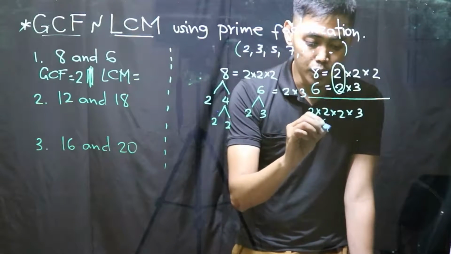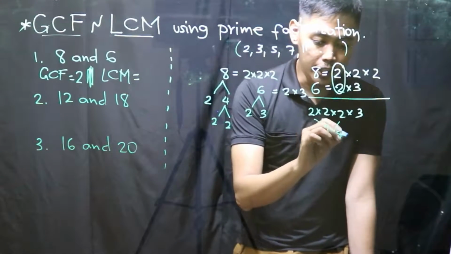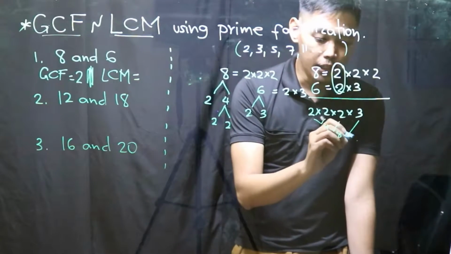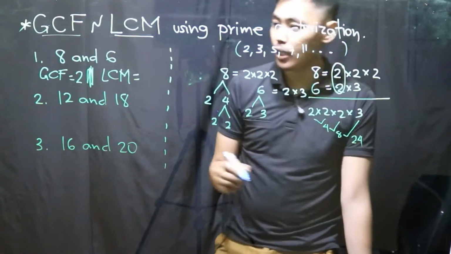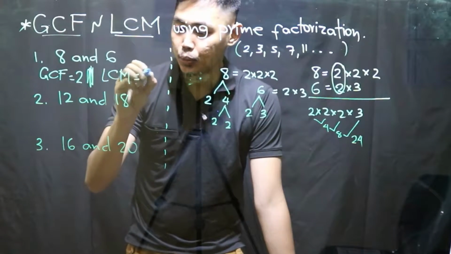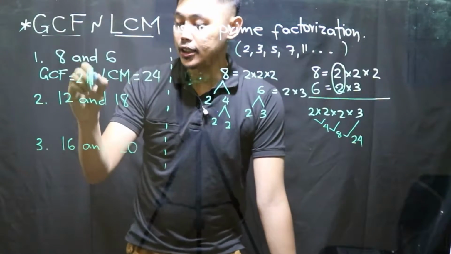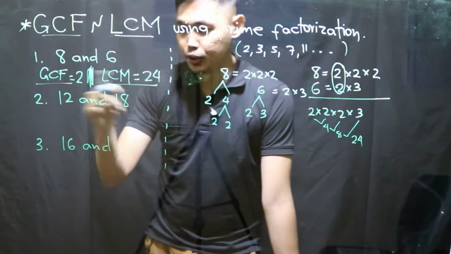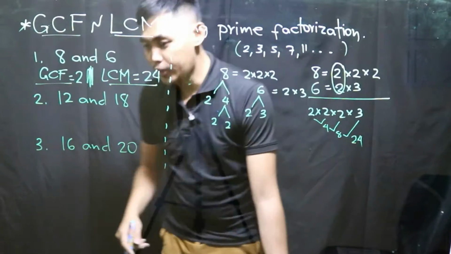So, 2 times 2 is 4. 4 times 2 is 8. And 8 times 3 is 24. So, the least common multiple of 8 and 6 is 24. So these two numbers here are our answer.